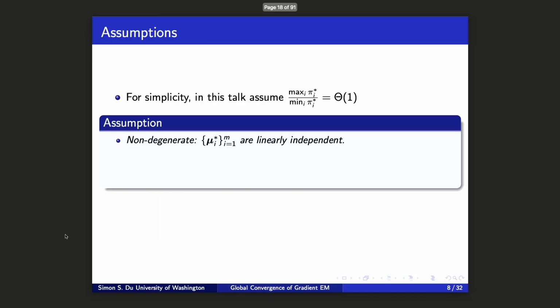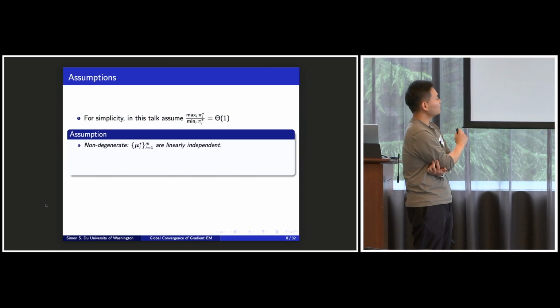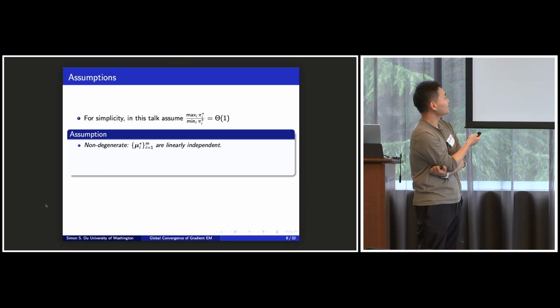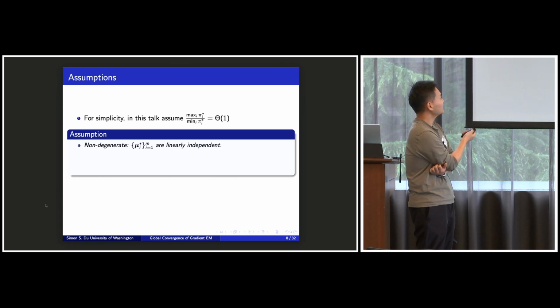Okay. All right. So here are our assumptions. First of all, I will say these are fairly strong, and we believe there are many ways we can improve them. But for preciseness, let me state the algorithm and the assumptions here.